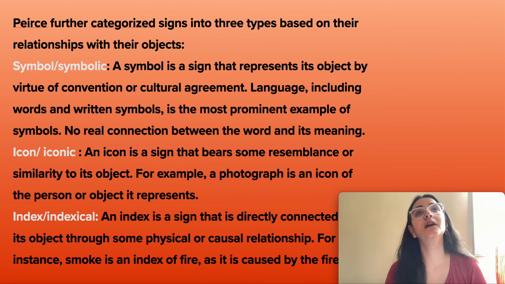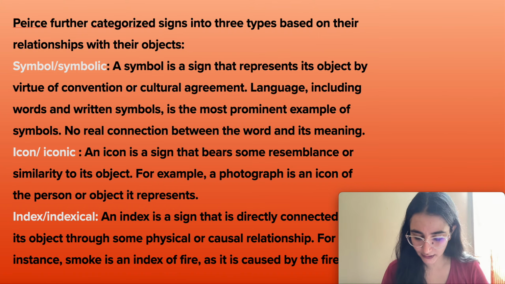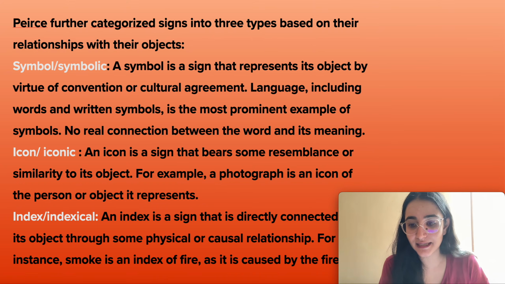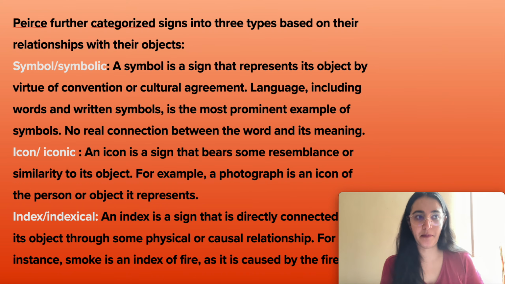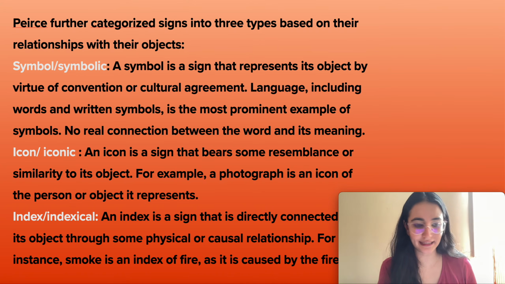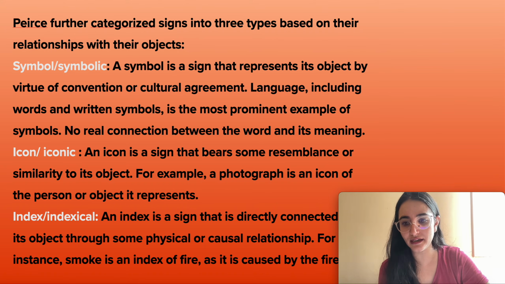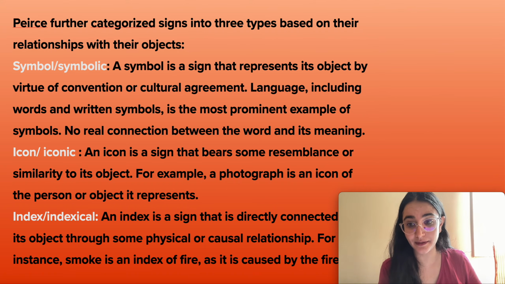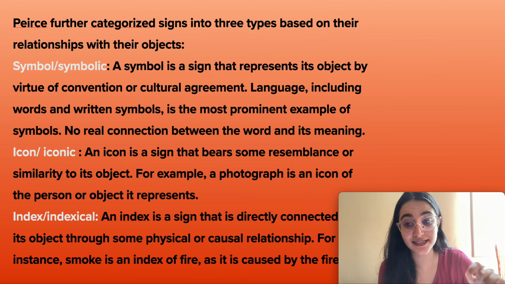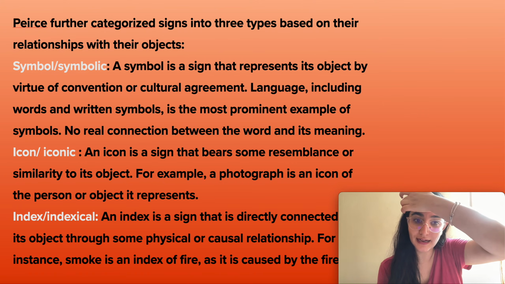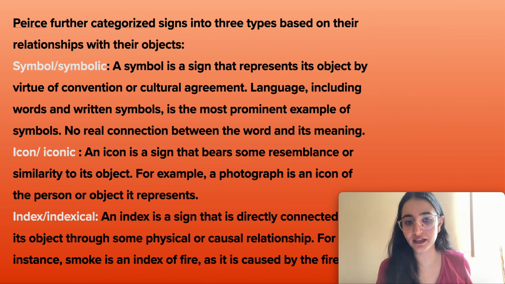For example, let's say onomatopoeic words. When I say the word hiss, unlike other words, like if I say table, which doesn't really have any quality in it that is supposed to describe an actual table, when I say hiss, it does have some resemblance with the real sound that is produced by the animal. That is why onomatopoeic words have this iconic relationship.